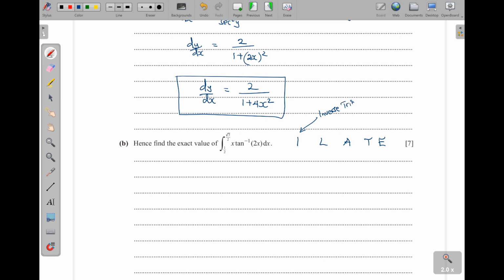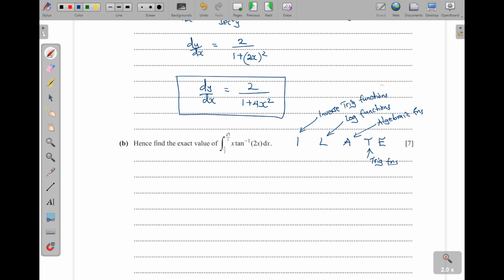Then L is logarithmic functions. Then A is algebraic functions, and then T here is for trigonometric functions.